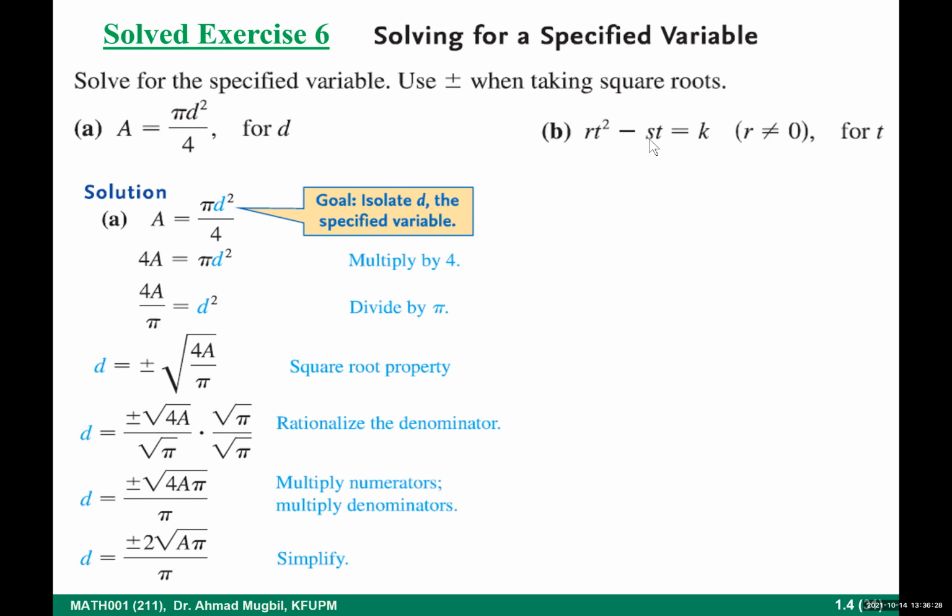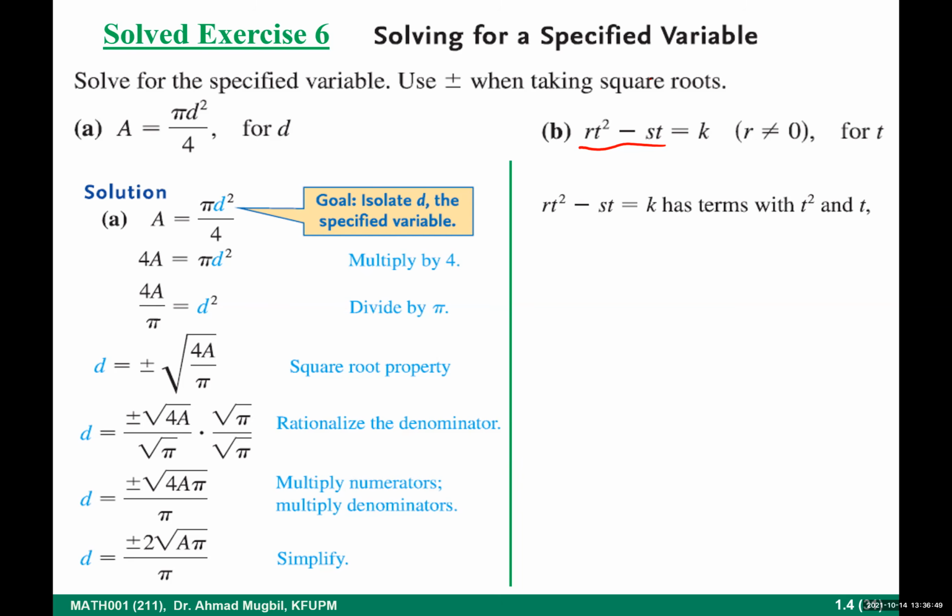If it is for s, it is easy, or for r, it is easy because it will be linear. But when you want to solve it for t, it is what? Quadratic, because t is squared. How to solve it, Shabab? What about taking t as a common factor? Is it okay? It is not false, but it is useless.